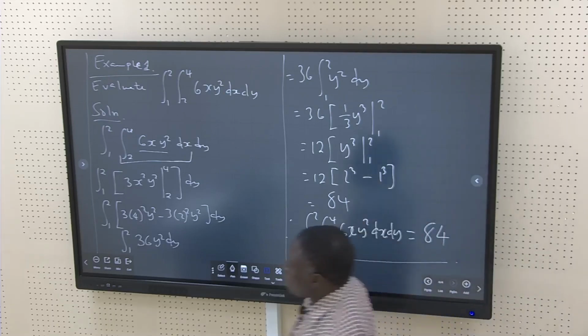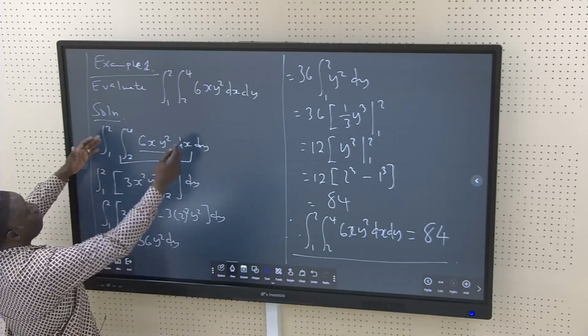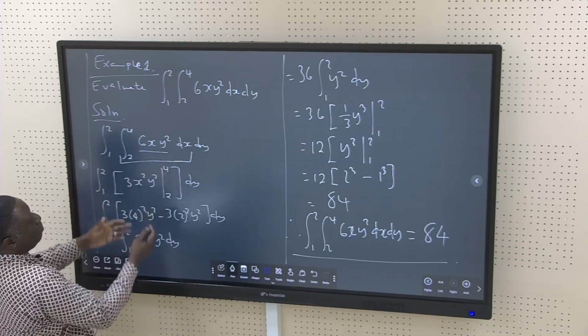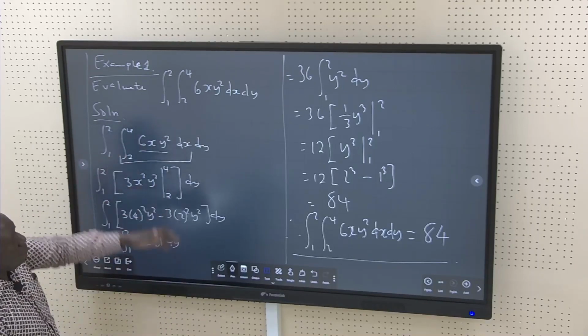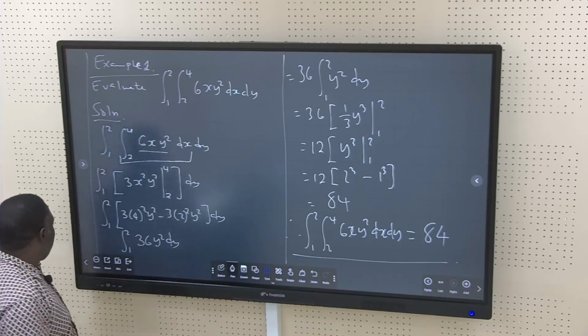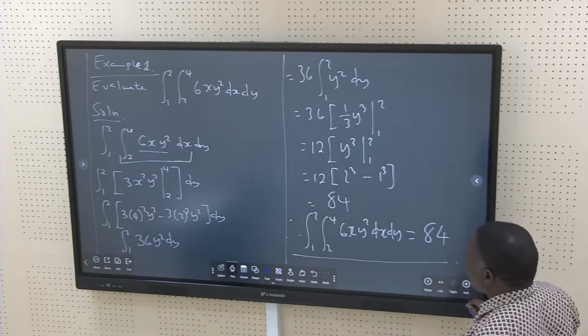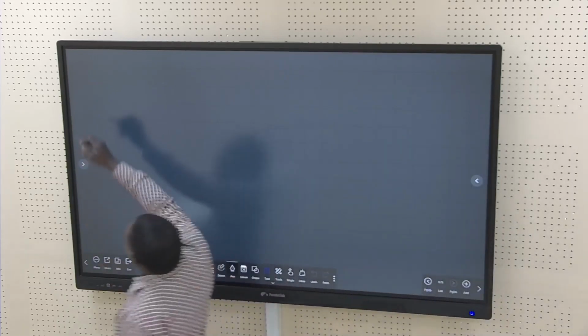Remember, the very important point is you start by dealing with the inner part. Then after completing the procedure, you repeat the same on the remaining part. So let us see now the second example so that we can understand more.